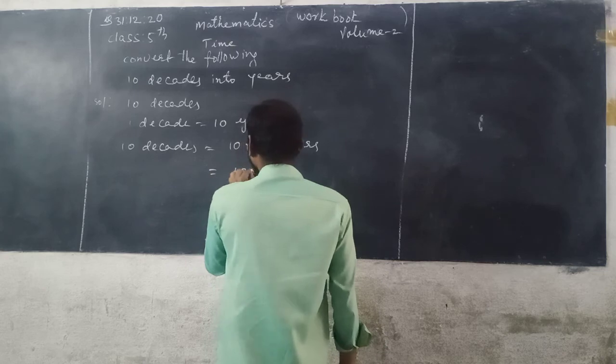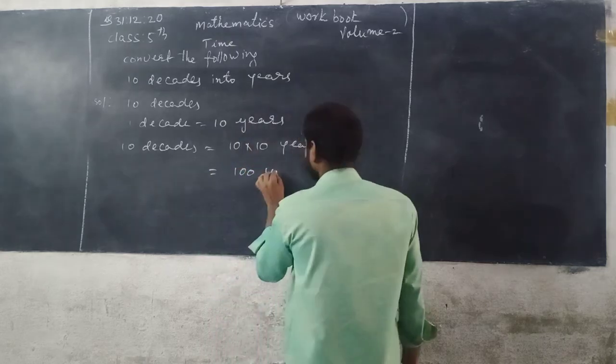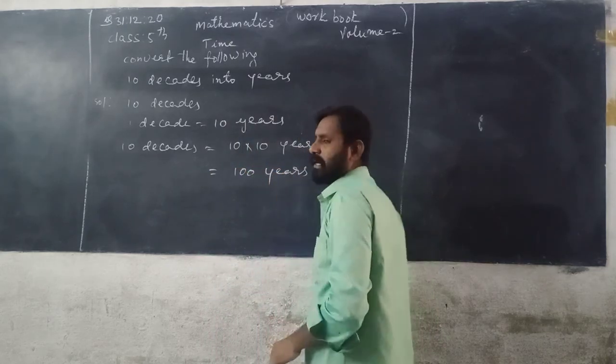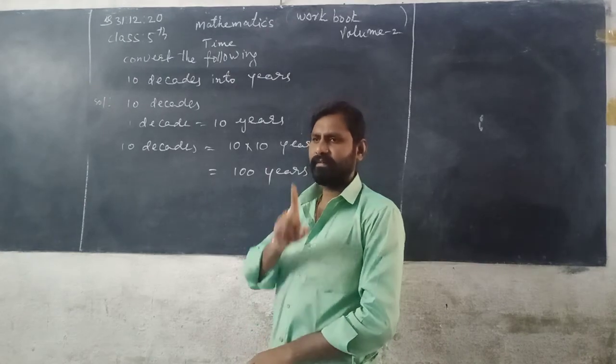Ten tens are 100. 100 years, which means 1 century.